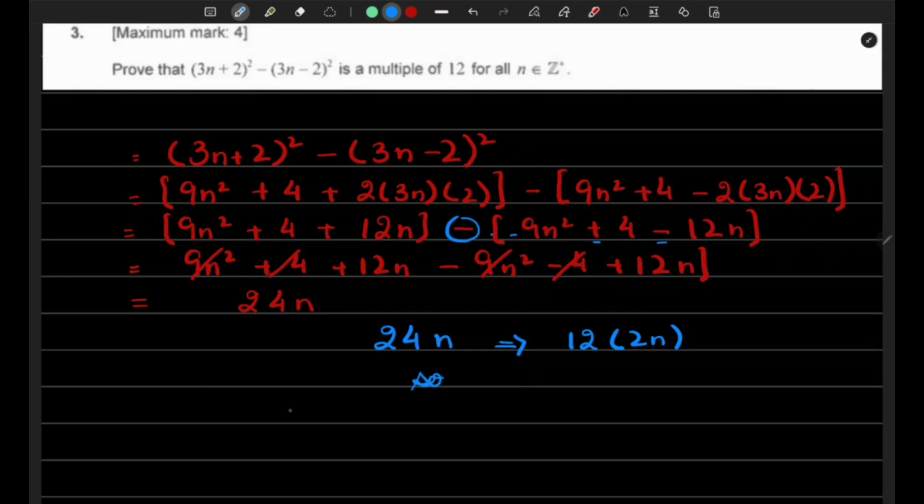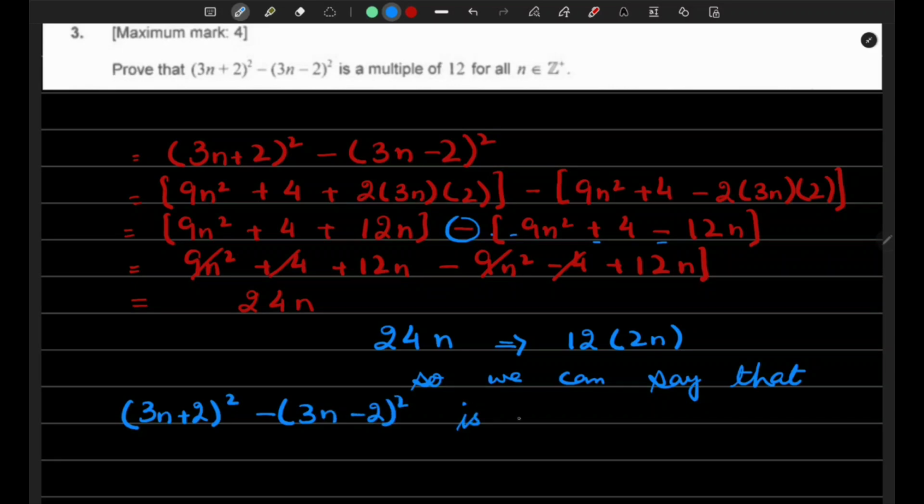So we can say that the given equation (3n + 2) square minus (3n - 2) whole square is a multiple of 12 for all n.